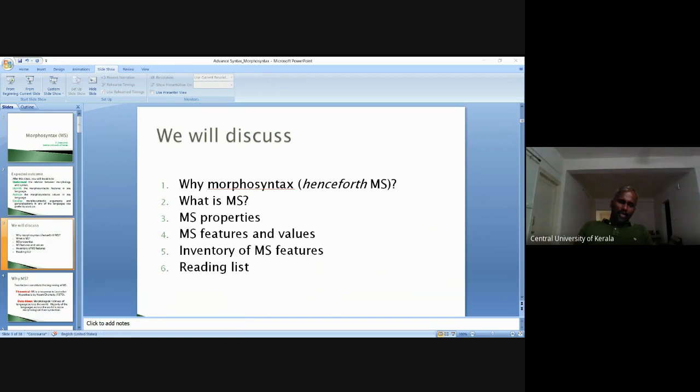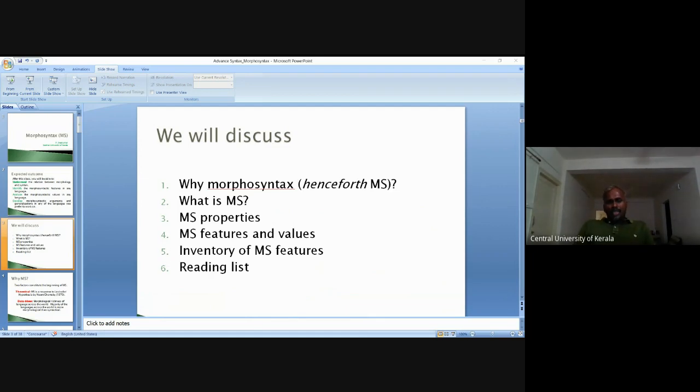Fourth and fifth, we will deal with the inventory of morphosyntactic features and how to identify the features. These are the contents we will deal with. And during this lecture, I'll be citing some of the major works by different linguists who have developed the domain of morphosyntax.